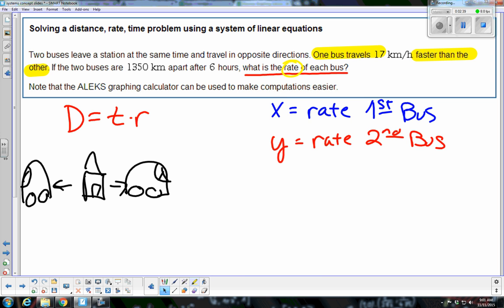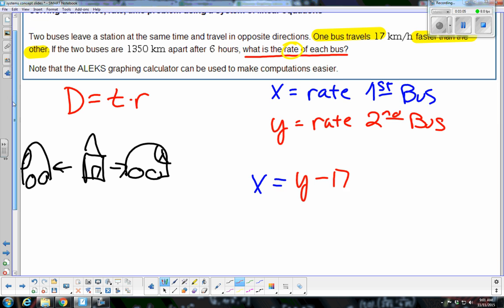We'll say x is equal to y minus 17. If we're assuming that y is the faster bus, if you take 17 away from it, they should be equal in rates. It would have also worked if you had chosen x to be the faster bus and switched, it would have been the same. So the buses' rates will be the same if I take 17 away from the faster bus, which I'm just going to call y.